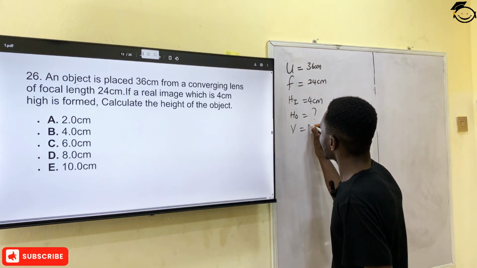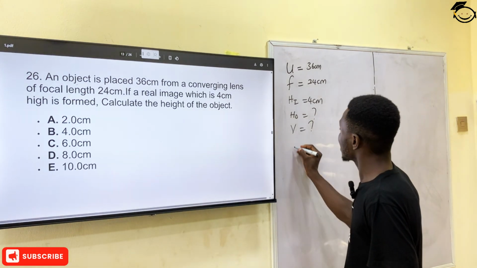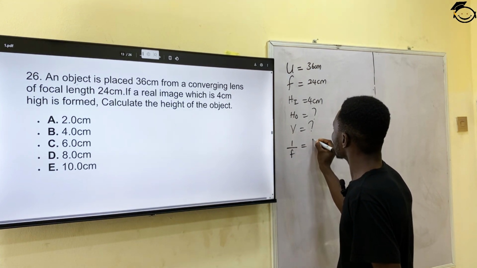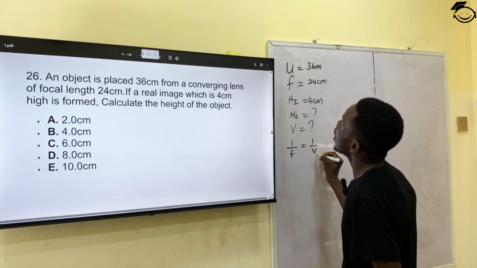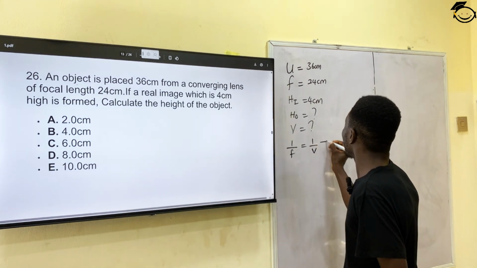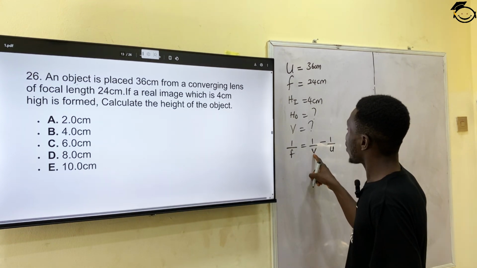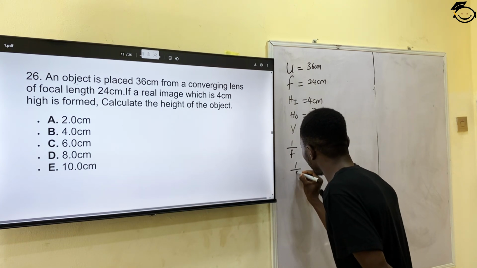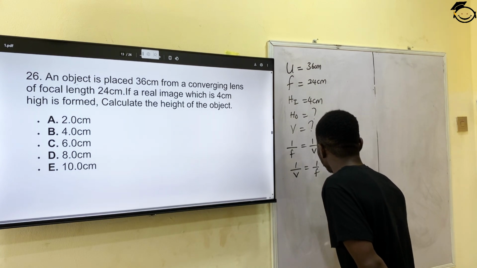So our image distance is unknown, and we know that for a converging lens, our formula says that 1 over focal length is equal to 1 over image distance minus 1 over object distance. So if I make the image distance the subject of the formula, we have 1 over v equals 1 over f plus 1 over u.